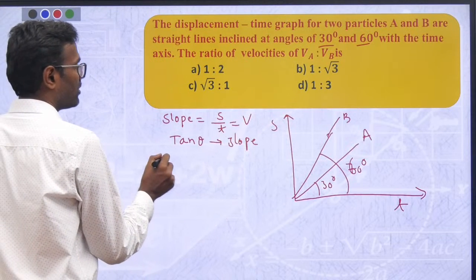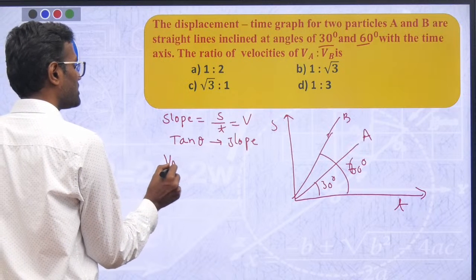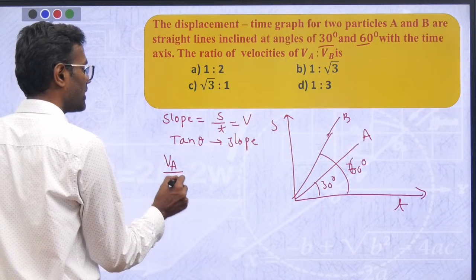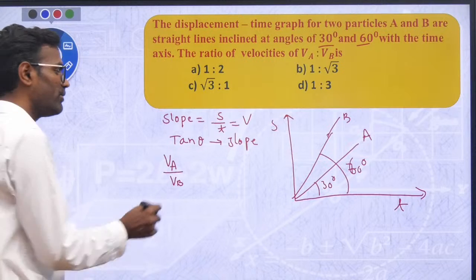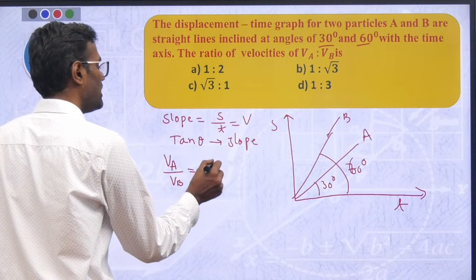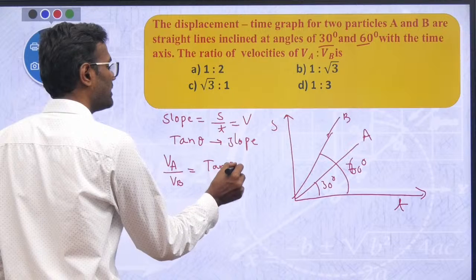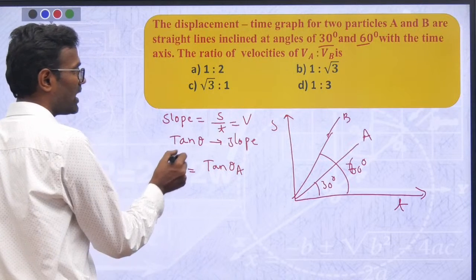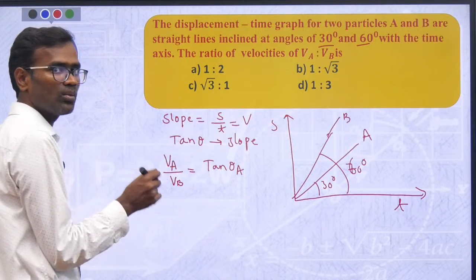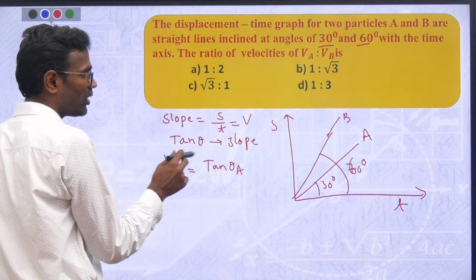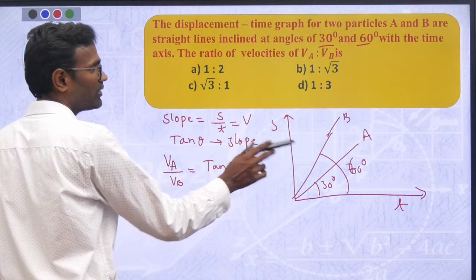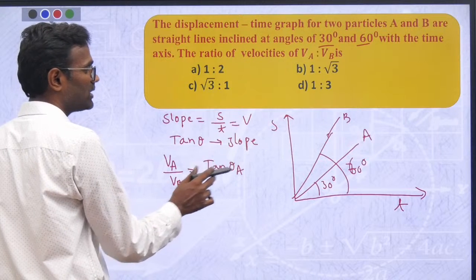Therefore the ratio of the velocity of the first particle to the second particle means VA by VB. VA is equal to tan theta A, because the slope of the graph gives velocity.